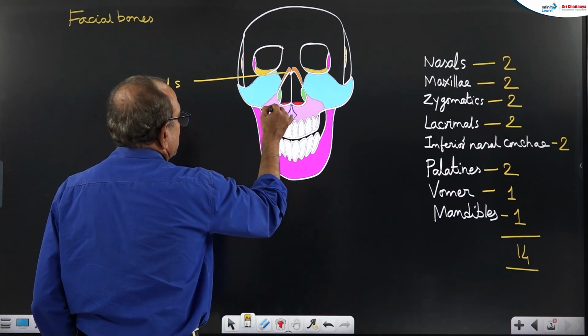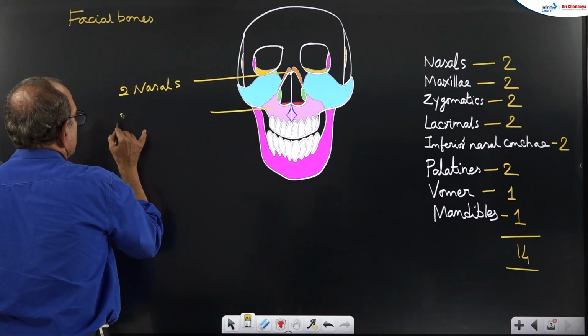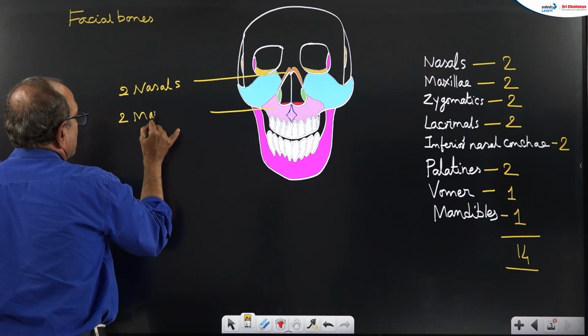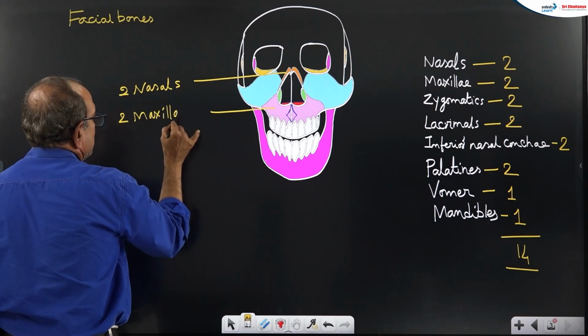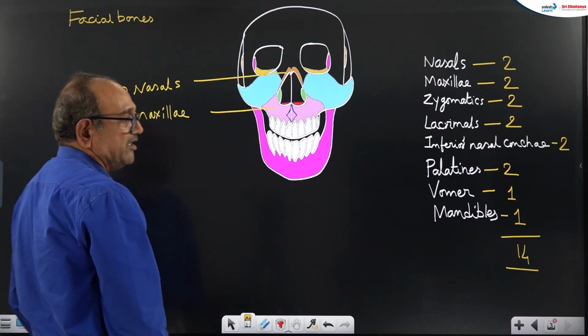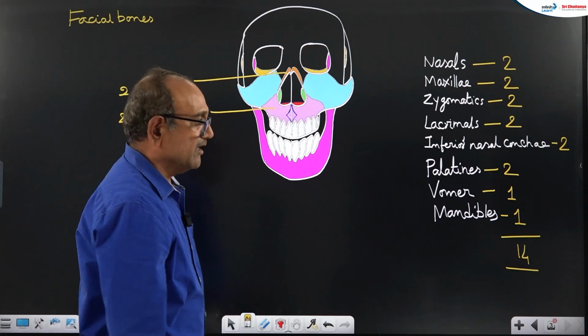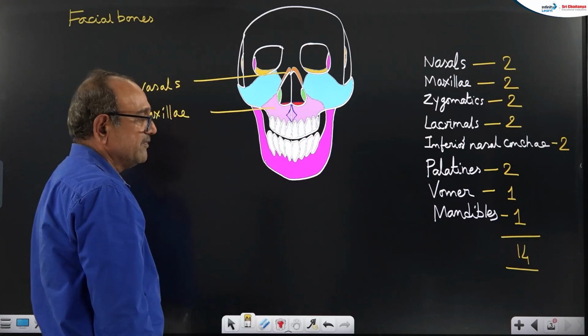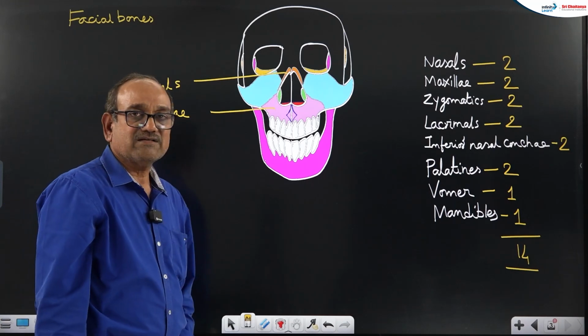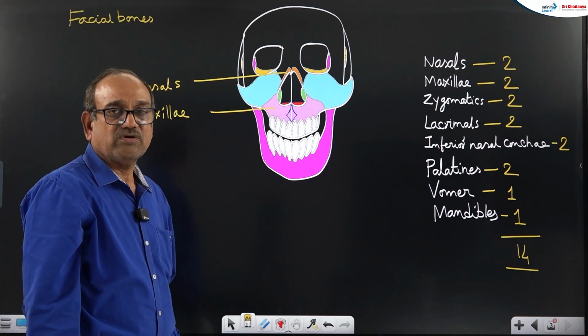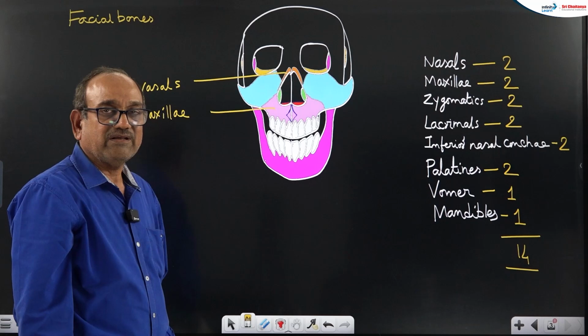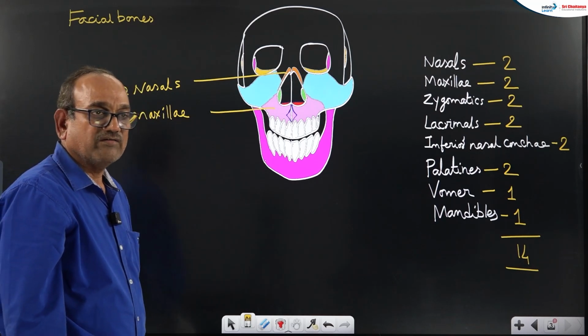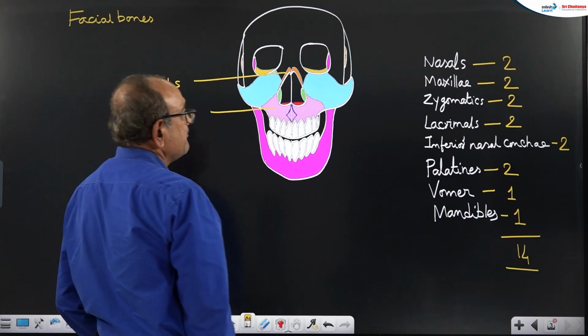These are the maxillae, 2 in number. They form the upper jaw and have alveoli to accommodate the upper jaw teeth. Each maxilla contains 8 alveoli. So total 8 plus 8, 16 teeth are accommodated within these alveoli of the upper jaw.